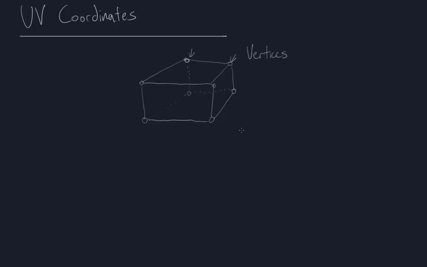Now, here's where I get to blow some people's mind. A vertex has a coordinate in 3D space. It has a coordinate in X and Y and Z. Now it has to have that because it has a position in our 3D scene.